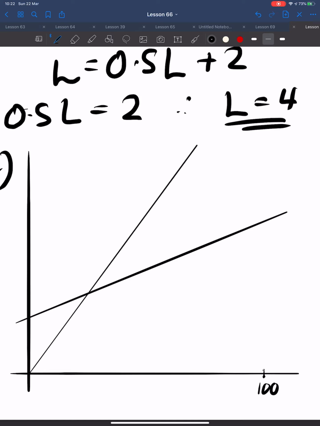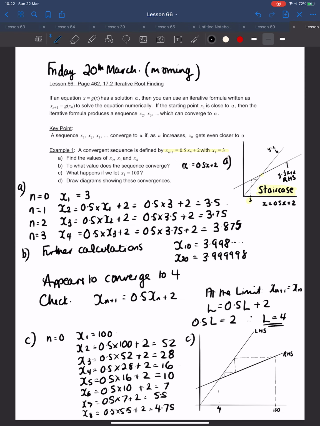okay, so this is the right hand side line, this is the left hand side. So we put it into the right hand side, and then that becomes the new x that we substitute in. Right hand side, so we get to the 4, that's the answer 4. We get to the answer by staircasing from the right, from the 100 down to the 4.